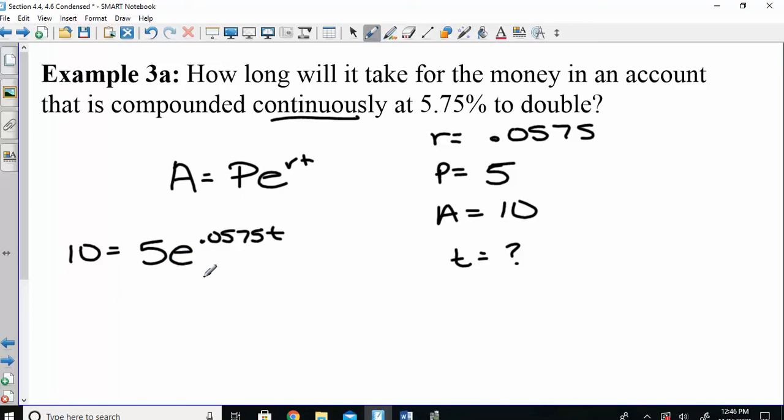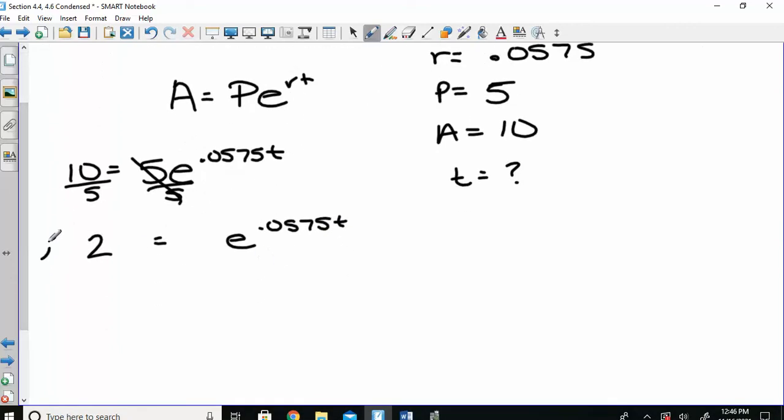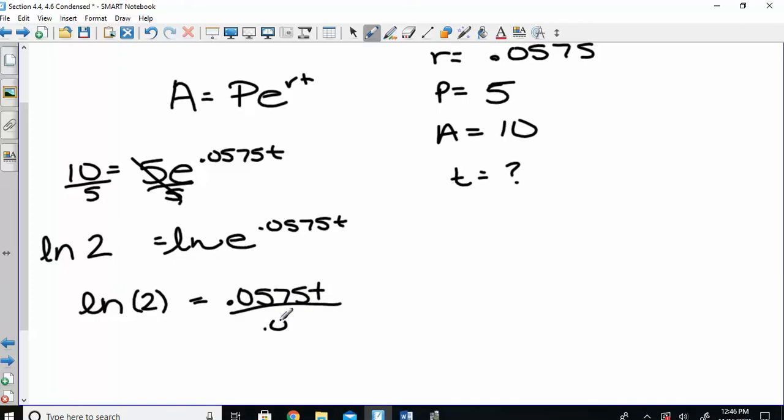So what would you do? Divide by 5, and then regardless of what you had for your A and P, that should be 2. Okay, can I get a common base here? No. Since it's an e, we can add a natural log on each side. We know a natural log and an e cancel, so we have the natural log of 2 equals 0.0575 t.